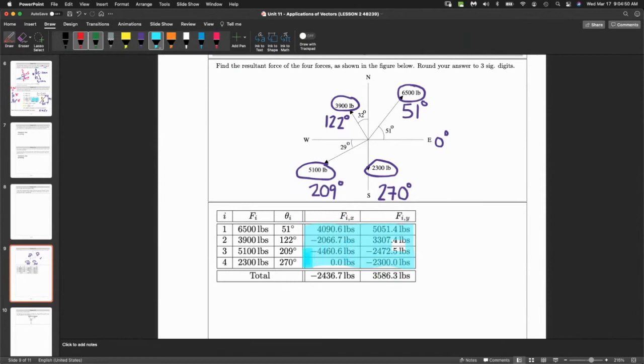These are really the numbers that are critical to moving on in the question. But in any case, if we continue further down now, we can find the vector sums, which in this case, we get a negative answer in the x direction and a positive answer in the y direction.